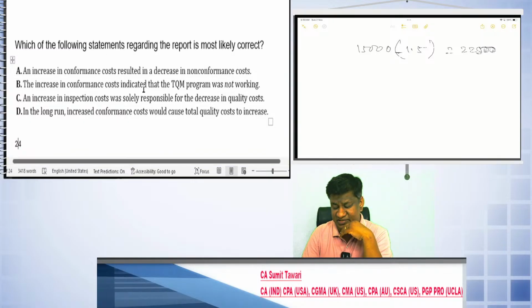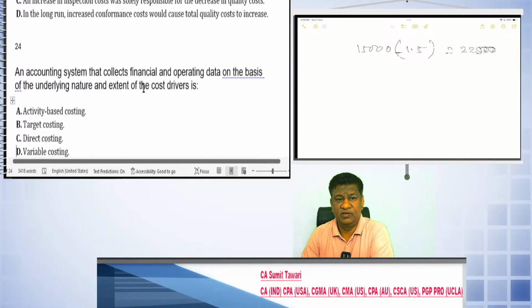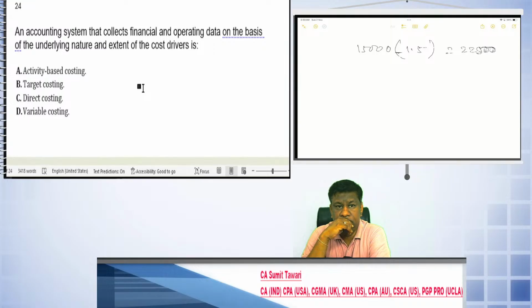The A is the right answer. Okay, can we go ahead? Yes, sir. Question number 24. Same A, activity based costing. Yeah, it is activity based costing.